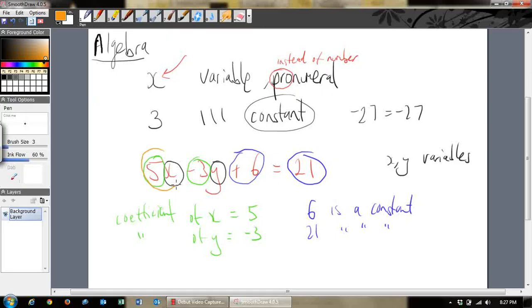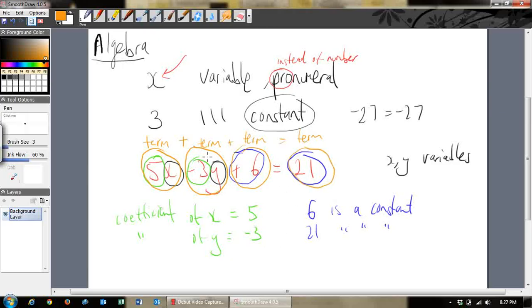This whole thing here is called a term. Also this whole thing here is called a term. In fact, all the things that are added together in an expression are called terms. So we've got a term plus a term plus a term equals a term.